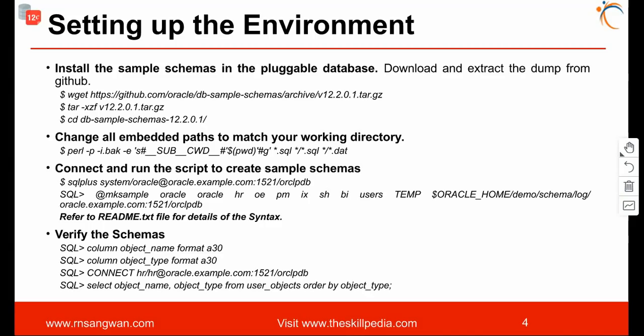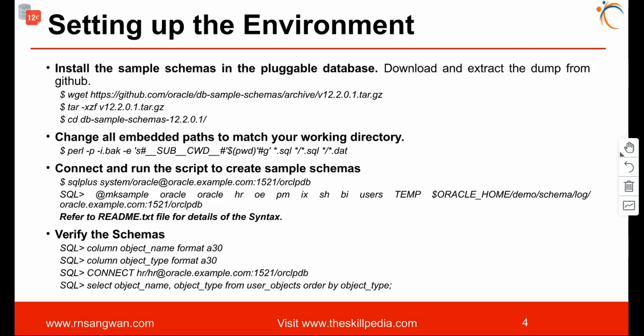In my case, this is my PDB name, orclpdb. 1521 is the port on which I have configured it, and oracle.example.com is my host name. System is the username, and oracle is the password.